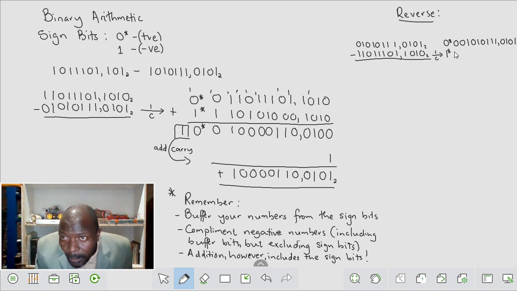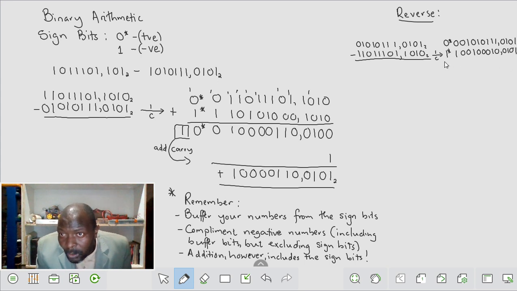And then the buffer here is going to be complemented to a 1, and then I'm going to have my other number complemented 0, 0, 1, 3 zeros, 0, 0, 0, 1, 0, comma, 0, 1, 0, 1.